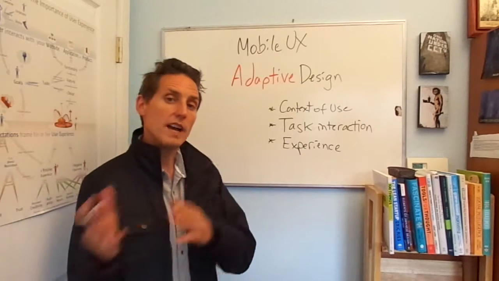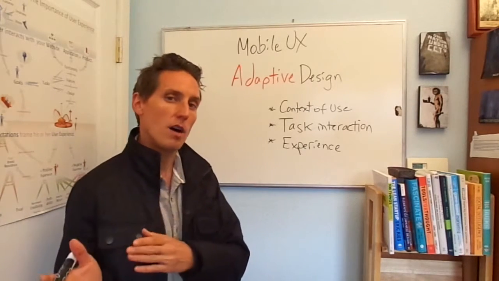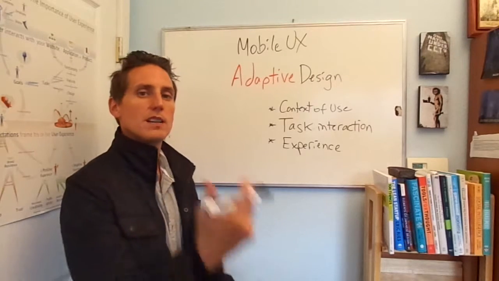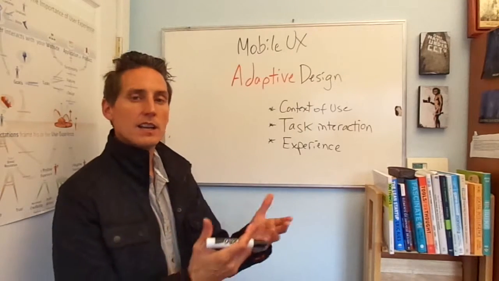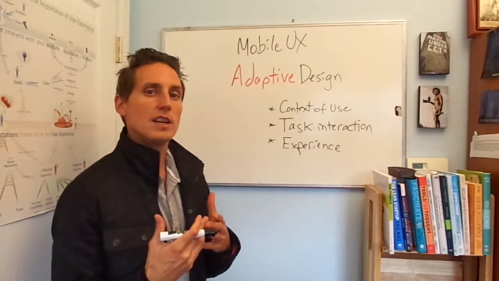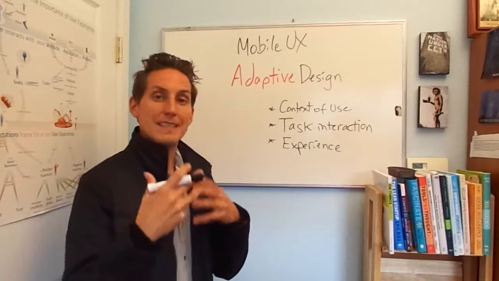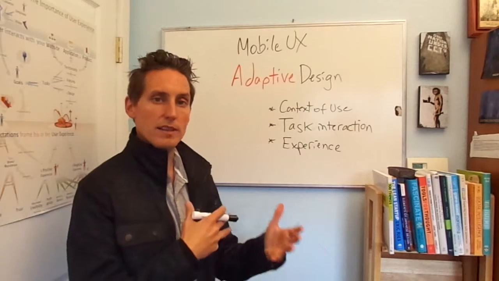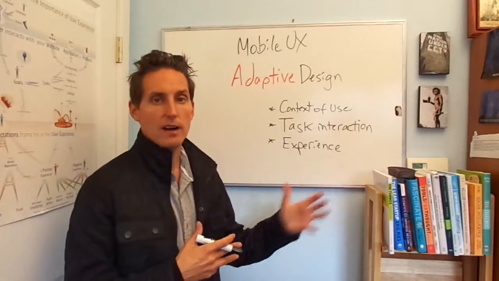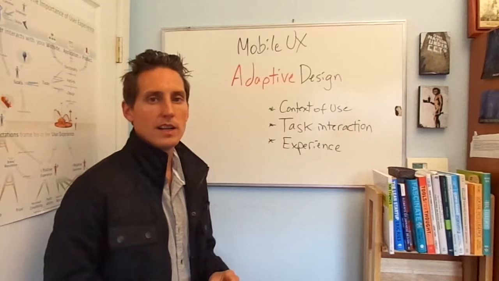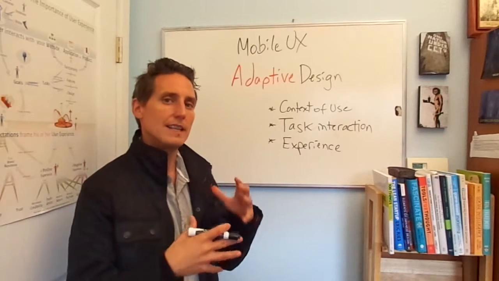But you wouldn't do that if you knew that they were at home on their couch. Because you can tell by geolocation that the device is accessing your site from their living room, you might give them a different offer than what they might see if they're actually out on the street next to your store. So that's an example of adaptive design.